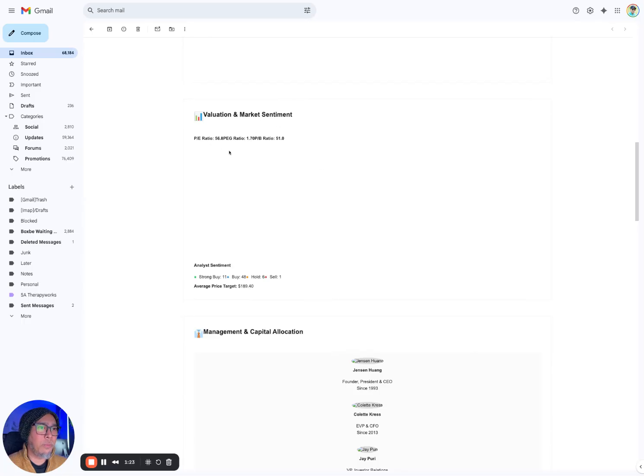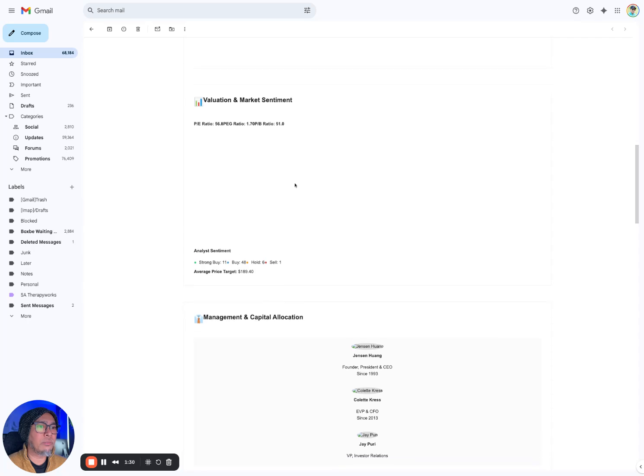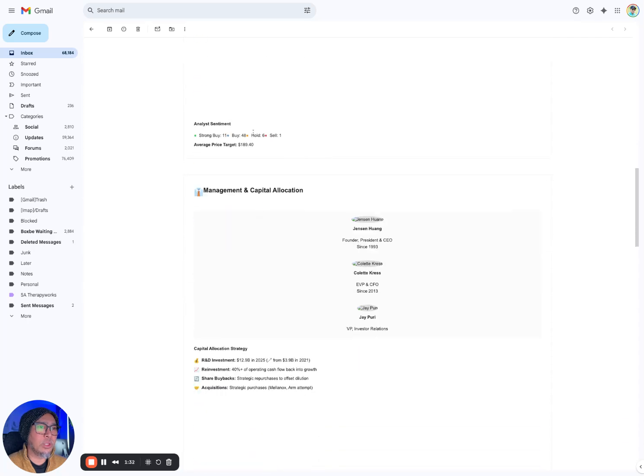So the PE ratio 56.8, PEG ratio 1.7, price to book ratio 51. And then they also give you the analyst sentiment, like how many analysts say buy, how many say strong buy, hold, sell, etc., and the average target price of all the analysts.